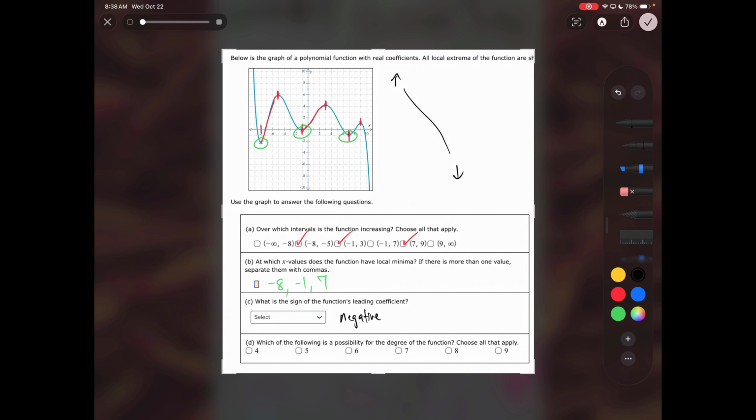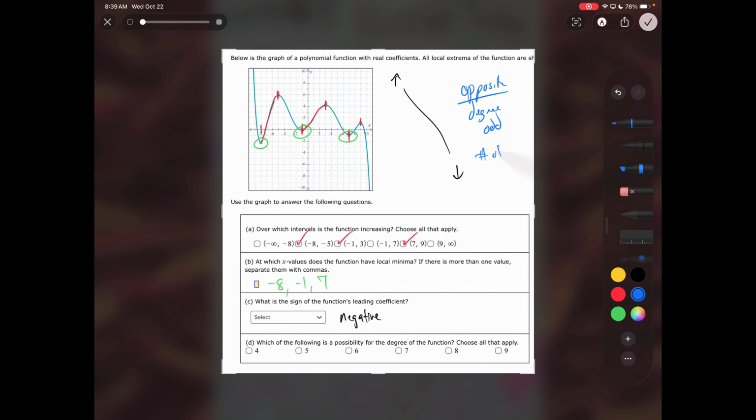Which of the following is a possibility of the degree of the function? Okay, so since the ends are opposite, we know the degree is odd. What else do we know? We could look at the number of turns.